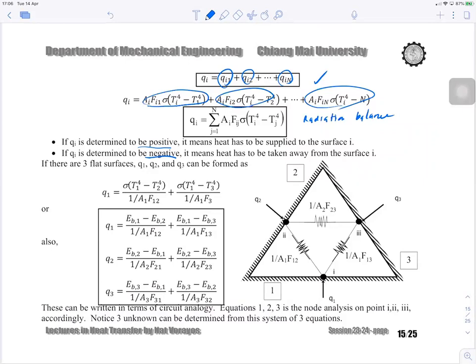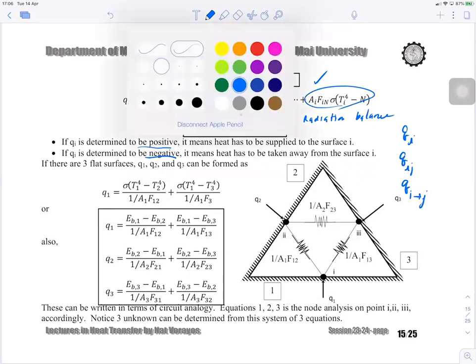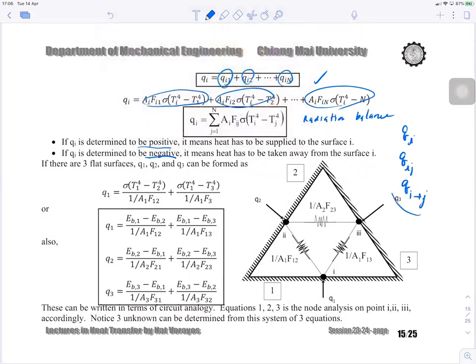Don't be confused: there's Qi, Qij, and Qi→j, which have different meanings. Qi→j is the radiosity from surface i reaching surface j.